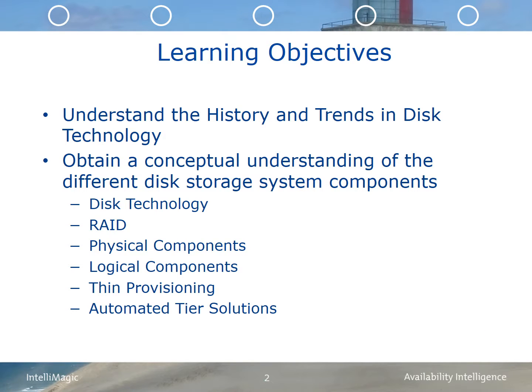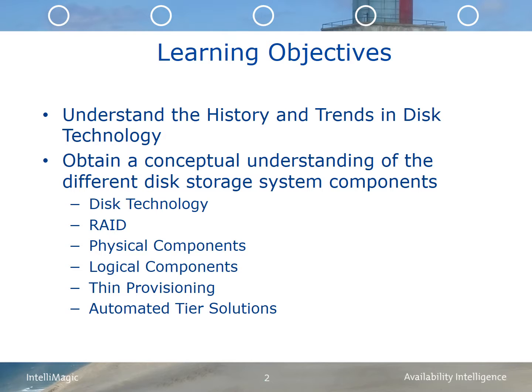So what I'm going to do in this presentation is to walk through some of the history and the trends in disk technology so that the listener can gain an appreciation for where we've been and where we're going. I also want to talk through the different types of storage system components, and that's going to cover sections on the different disk technologies, RAID, physical components within a controller, as well as the logical components.